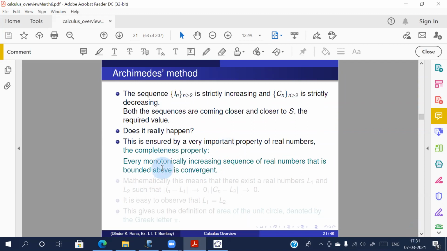That was not known to Archimedes. I'm telling you this because many of you already know the concept of a limit. So this is Archimedes' way of trying to approximate and find the limit, the area of the unit circle, which they called pi.